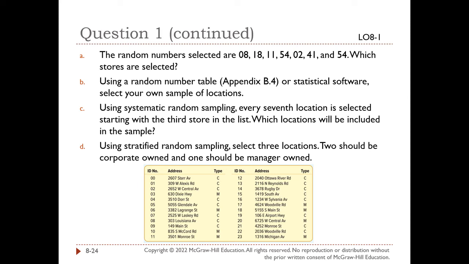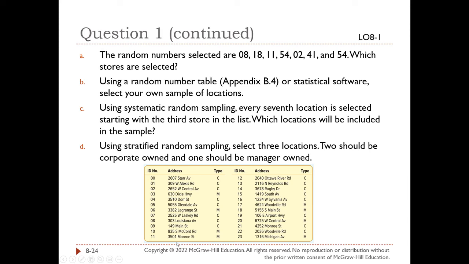Use systematic random sampling. Every 7th location is selected, starting with the 3rd store in the list. Which locations will be included in the sample? So we start with the 3rd, so 630 Dixie Highway is going to be selected.